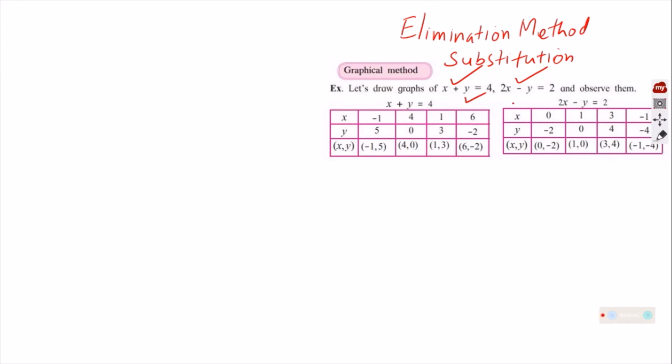The same equations we used, and we got the answer x is equal to 2, y is equal to 2. Those who have seen or studied the previous video know that. Now we are using the same equations in the graphical method.